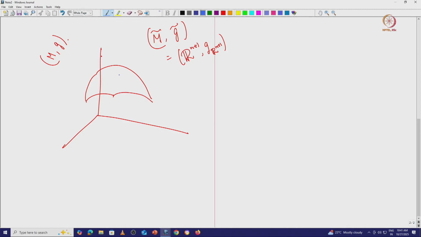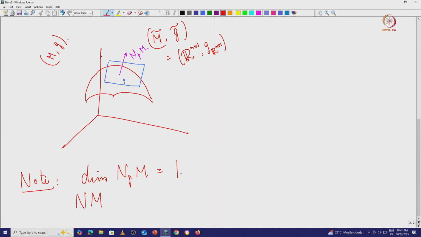Suppose you have your point p here, you have the tangent space, and then you have the orthogonal direction which is N_pM. Because we are working with hypersurfaces, the dimension of this is just 1. We will denote the corresponding bundle, the disjoint union over all points p, by NM.